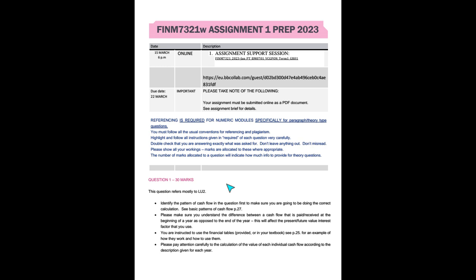You need to remember, identify your cash flow. You've got 7 years worth of cash flow. So you're going to have a table with 7 lines on it, one underneath each other. And your table is going to look more like on page 42.